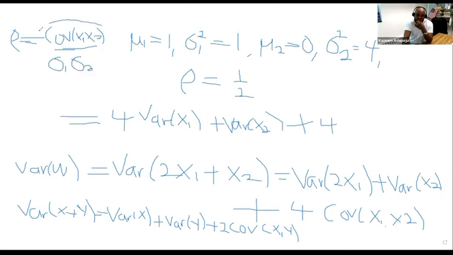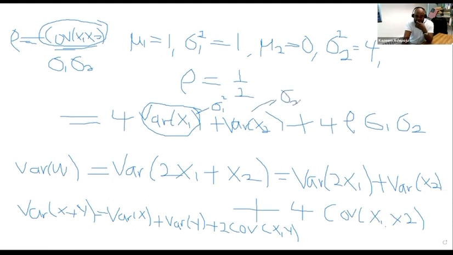So if I want to substitute for this, it's going to be this times that, which means I'm going to have rho, then sigma 1, sigma 2. This is the same thing as sigma 1 squared, and this is the same thing as sigma 2 squared. All of that has been given here.